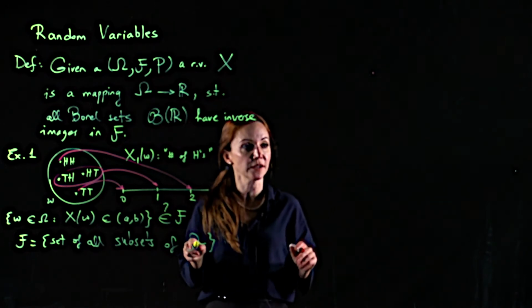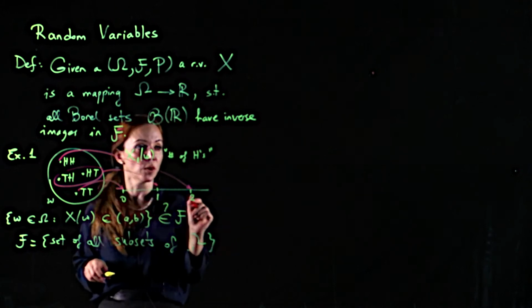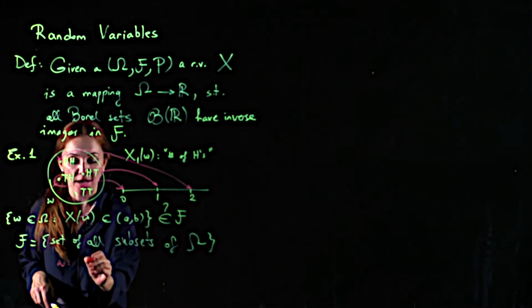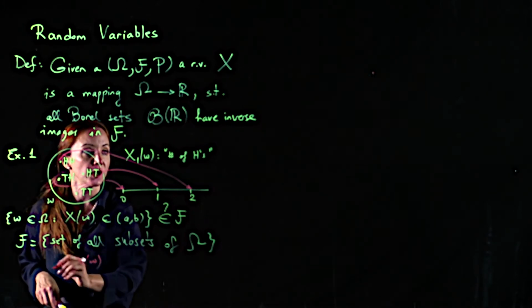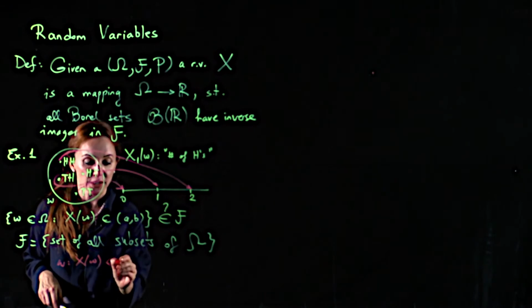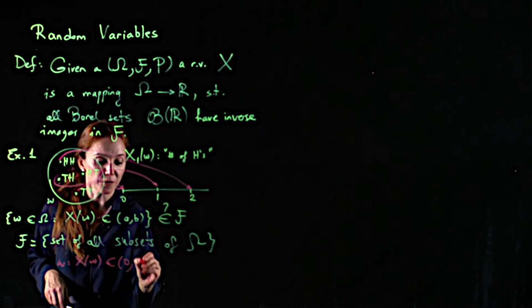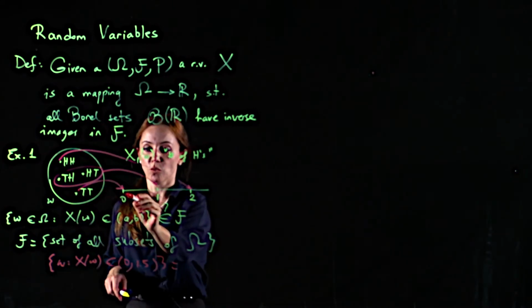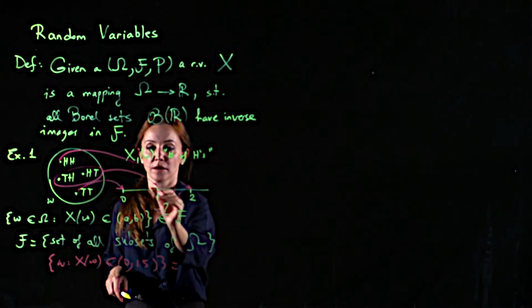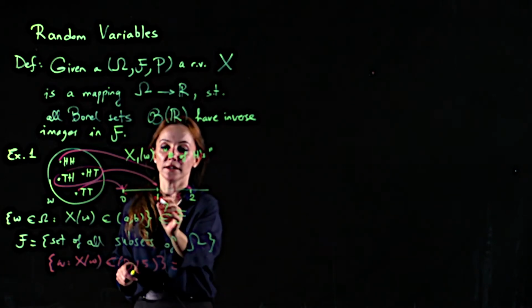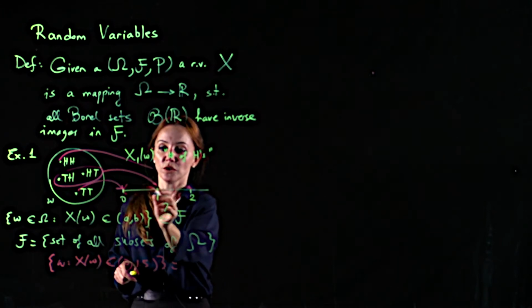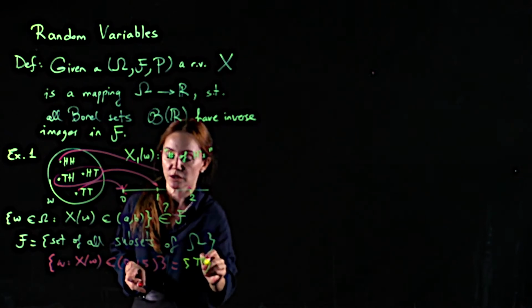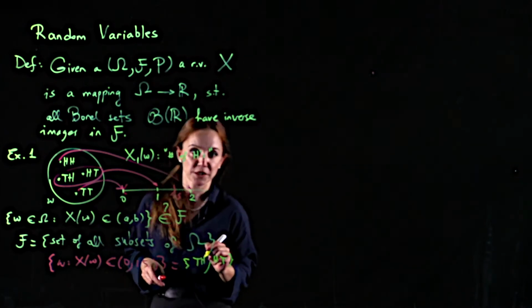You can see that by checking, for example, what are all w's such that X of w is in, for example, 0 to 1.5. Well, 0 to 1.5, 0 not included, into this interval, only the outcomes TH, HT map, right?